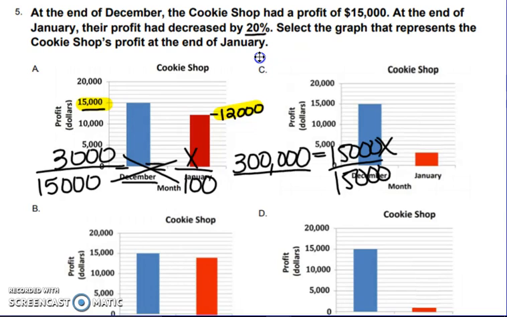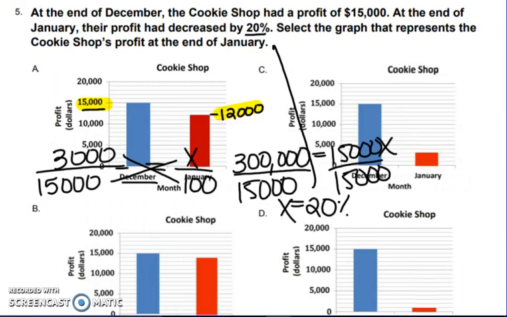I'm going to divide by 15,000, which is our coefficient. And guess what? When you plug 300,000 divided by 15,000 into your calculator, guys, you actually get that X equals 20. Well, guess what that meant? That was 20%. That matches what they had here. I am left with answer choice A.